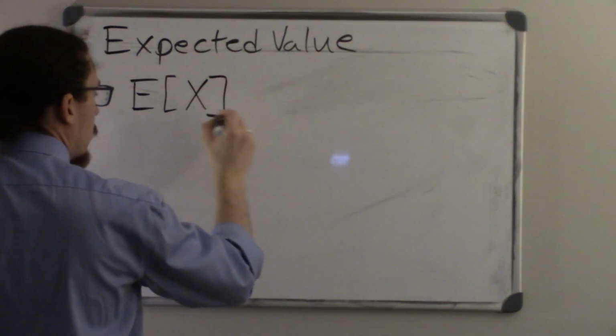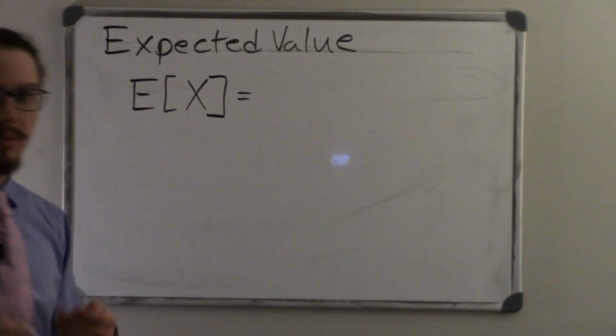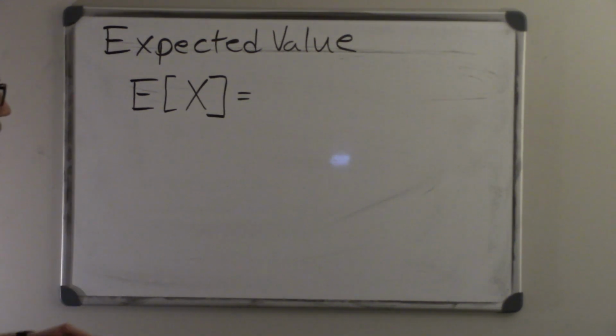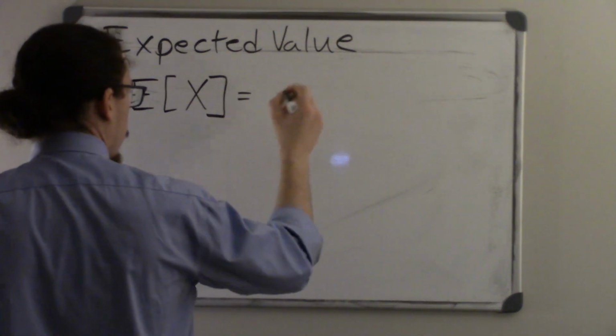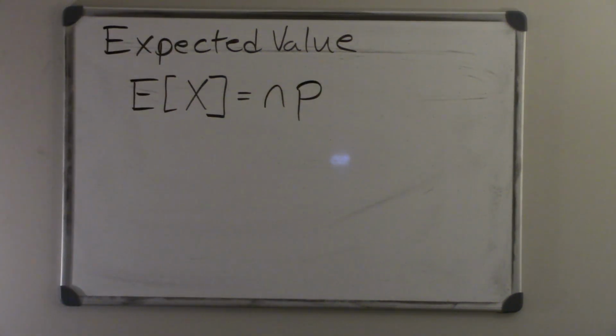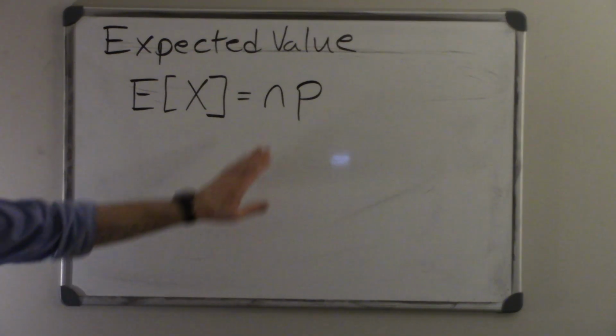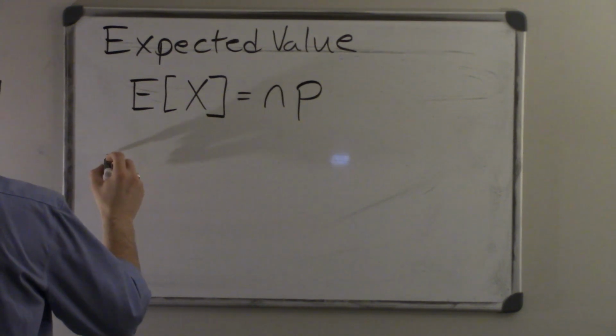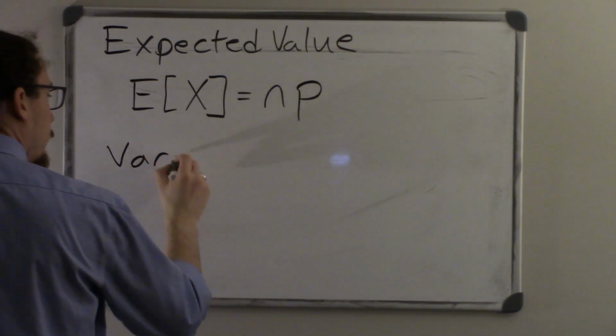All right, so for a binomial random variable, right, the expected value of our variable is simply the number of trials times the probability of success. All right, that's all it is.